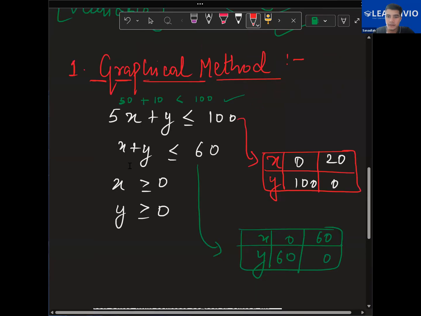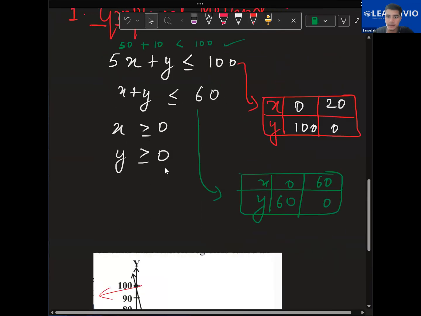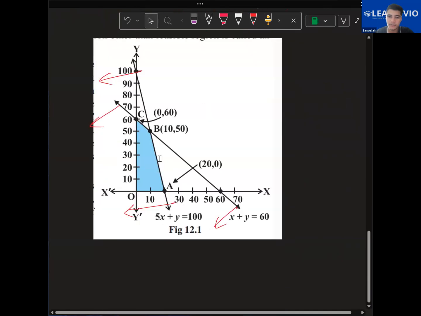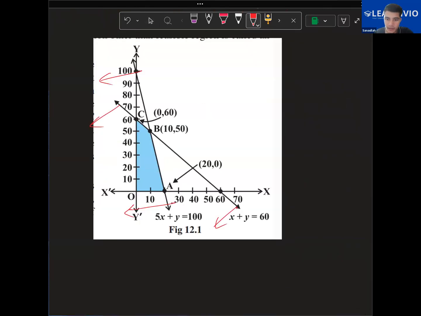And for the last two equations, you have x is greater than or equal to 0, and y is greater than or equal to 0. So that means यहाँ पे और इसके ऊपर, right? So when you will imagine this is a line, इसके इधर का एरिया, इसके उधर का एरिया. तो आपके पास ये वाला एरिया आएगा, this shaded portion.